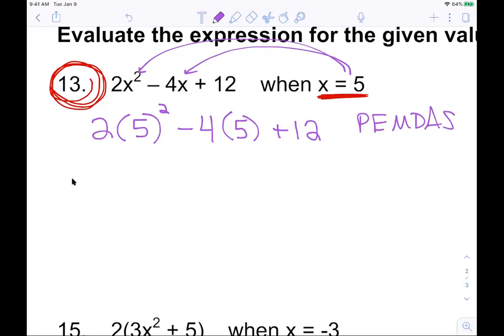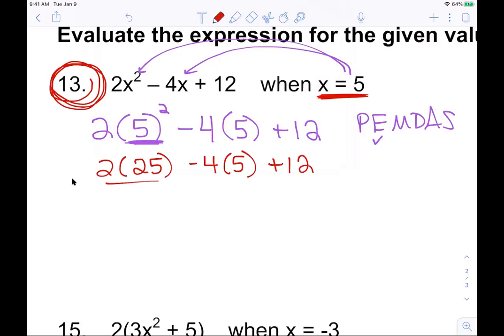So Haley, if we use PEMDAS, we don't have parentheses, but we have exponents. Can you tell me what 5 squared is? 25. Awesome. So we have 2 times 25 minus 4 times 5 plus 12.